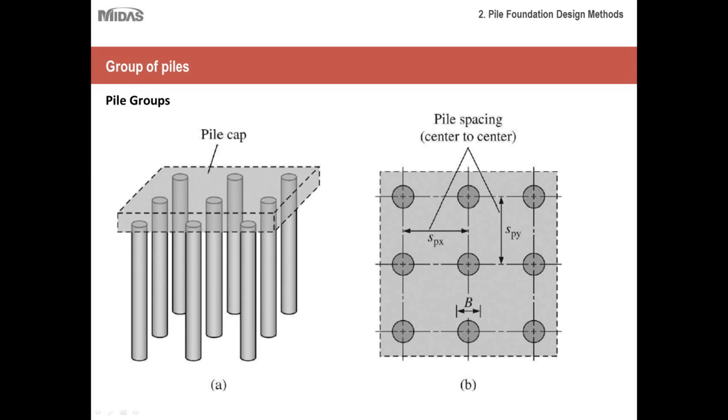Then let's talk about group of piles or pile groups. Not commonly will you see piles standing alone by themselves. What is more common is that piles are actually applied in a group, and the pile heads are connected with a thick pile cap. Now the role of pile cap is to take the load from the superstructure and redistribute it on the substructures or on the pile evenly.